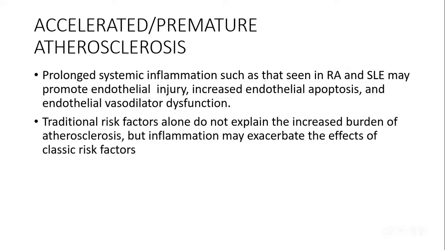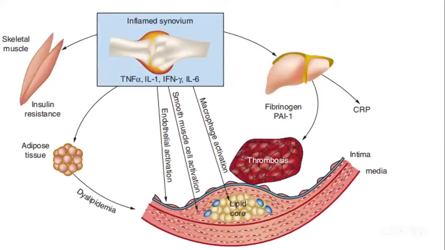Then with that, they also increase the production of chemokines, adhesive molecules, which further down the line attract leukocytes and other cells, leading to atherosclerosis and formation of unstable plaque. So this is the main basis of what you find in patients with rheumatoid arthritis.